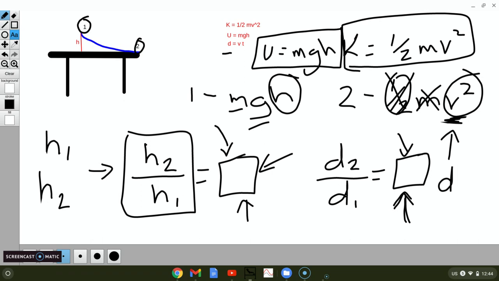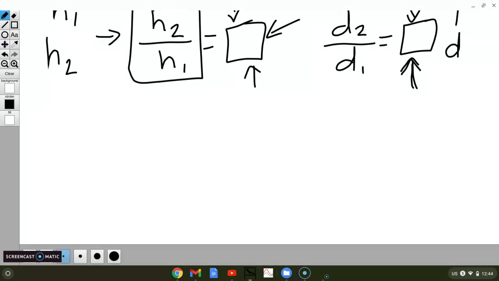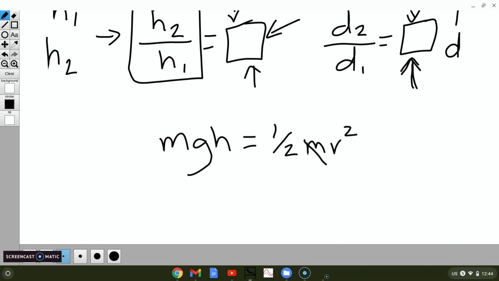Because remember, what's going to happen here is all the energy at position 1 is mgh, which is equal to all the energy at position 2, which is 1/2 mv squared. Remember, we don't have to worry about the mass.